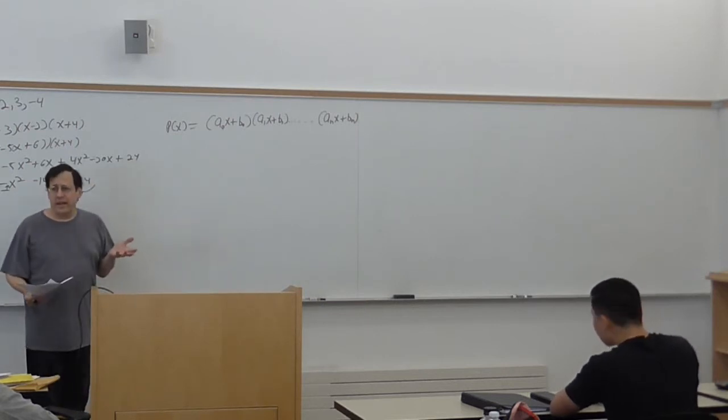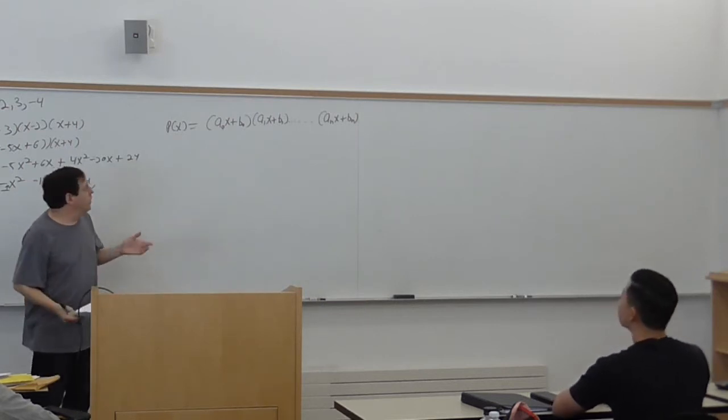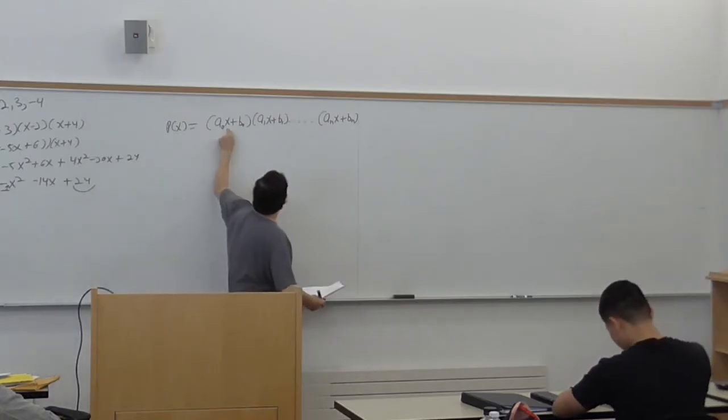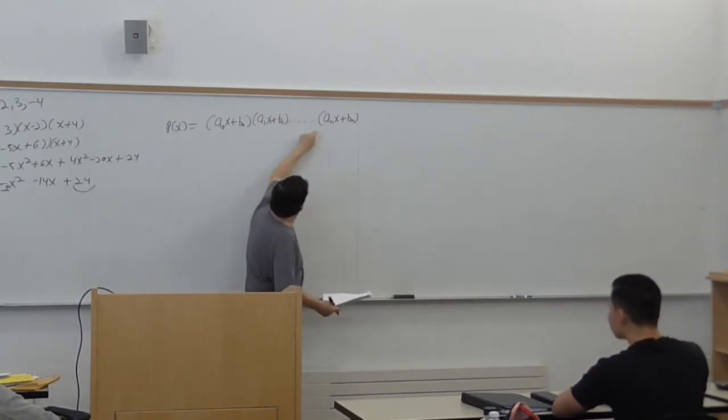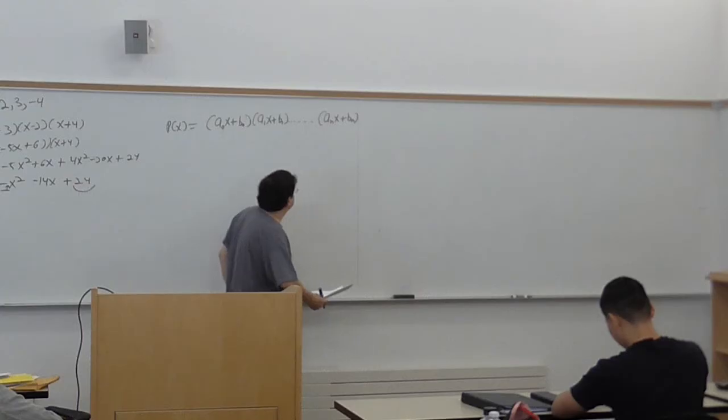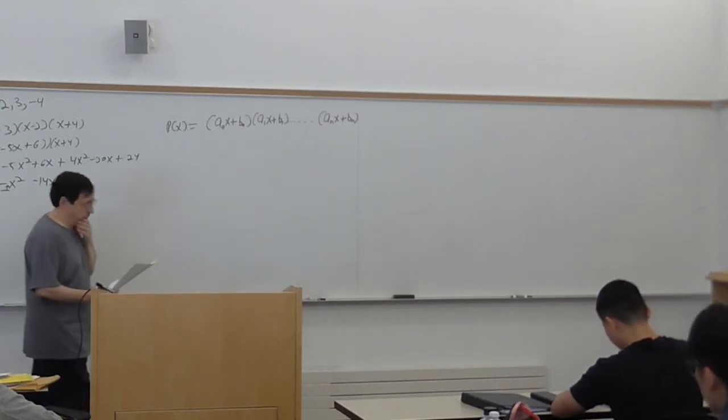This will be an nth degree polynomial because ultimately I'm going to multiply x times x times x, n times. Okay, that's good.